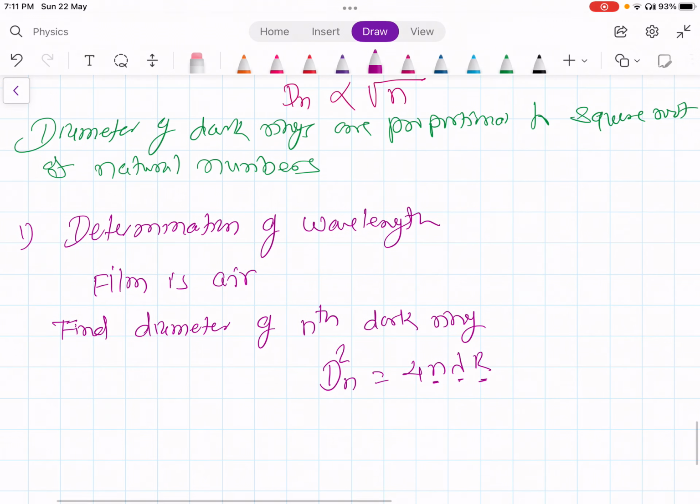So this is the equation for the diameter of the nth dark ring. Let us say this is equation 1.